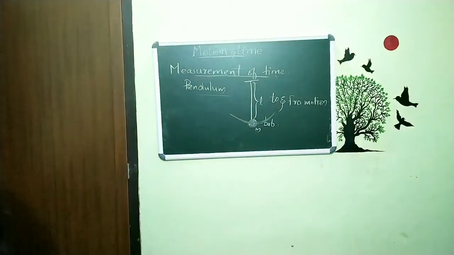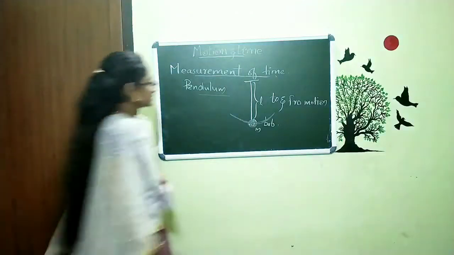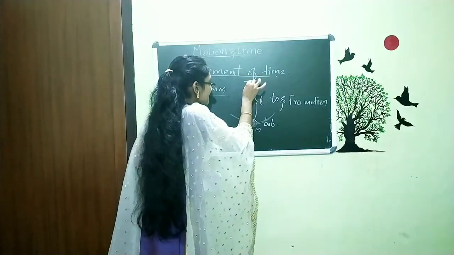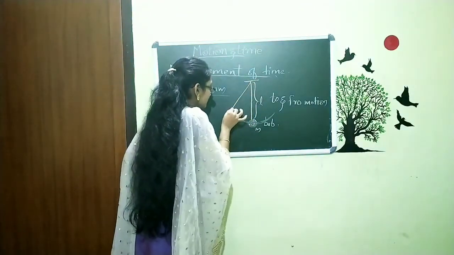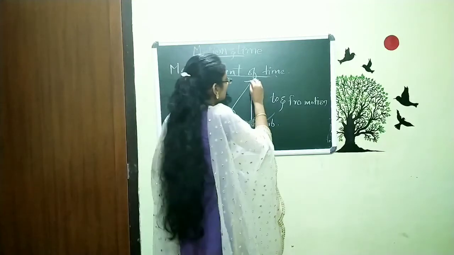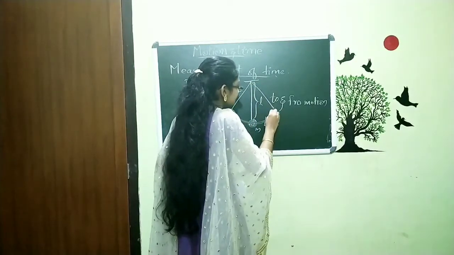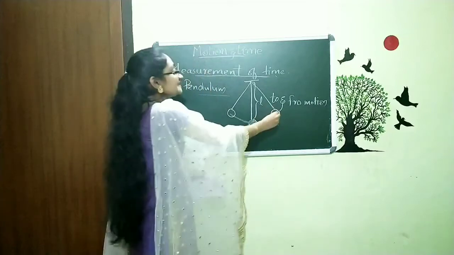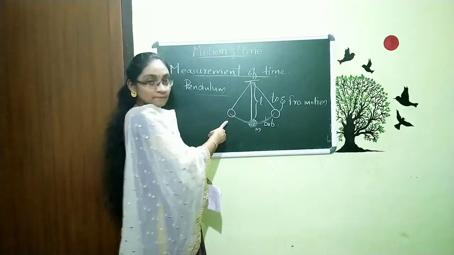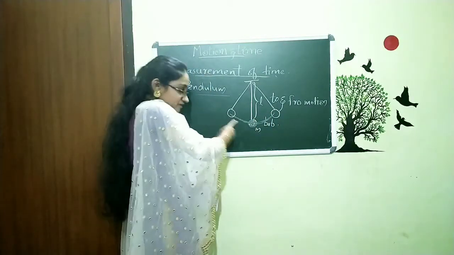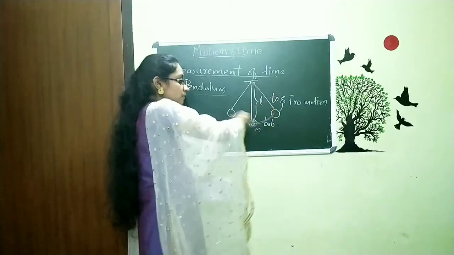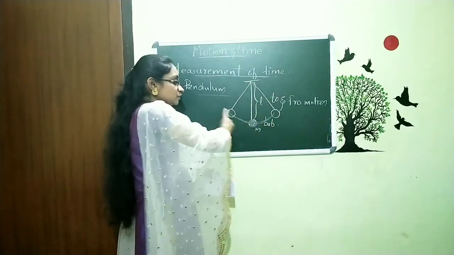Now, we are talking about something. When this bob is moving, it is getting a maximum height. And then it is moving forward, again coming backward.